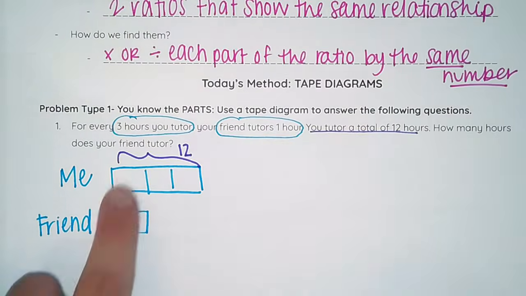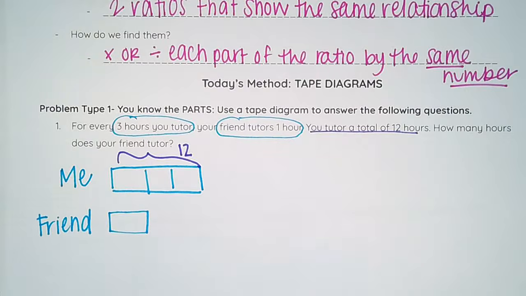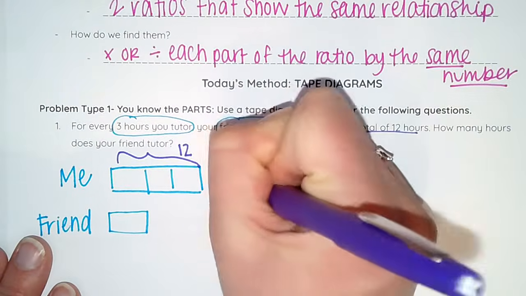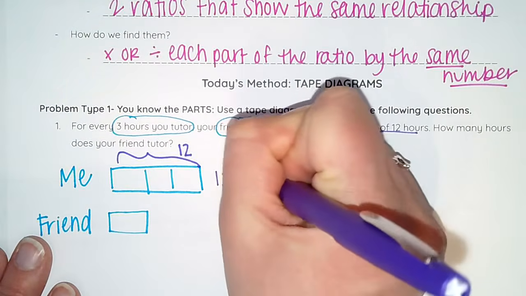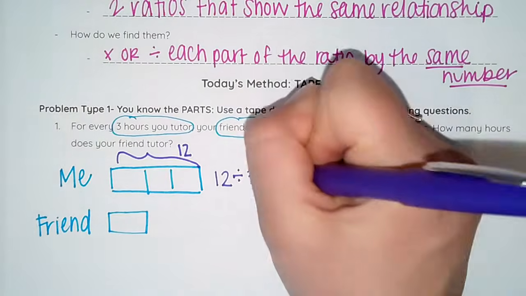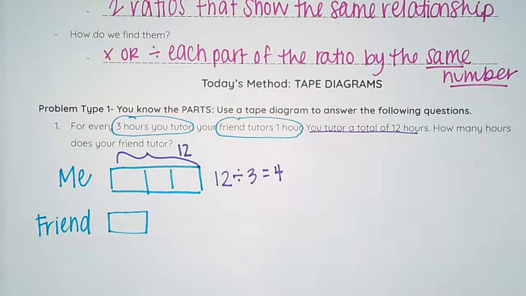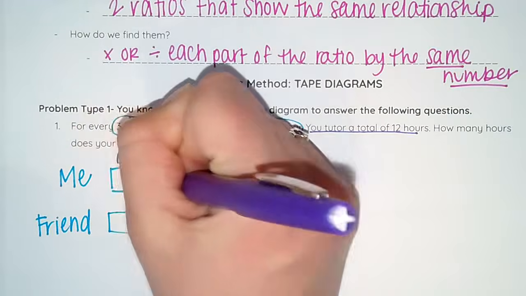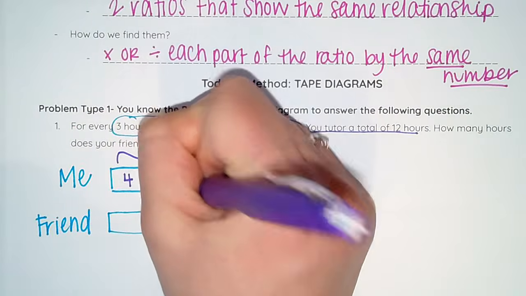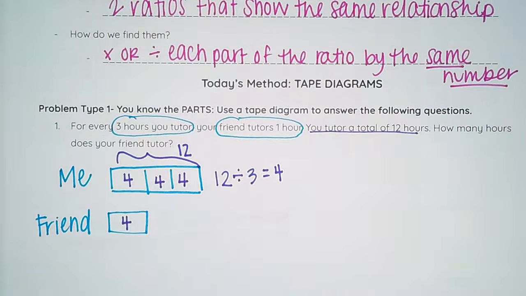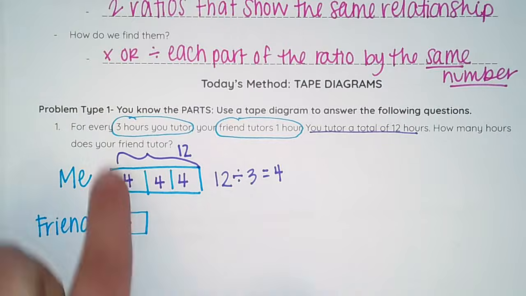So I have 3 parts, so I would divide 12 by 3. That equals 4. So each part is 4, including my friend's.